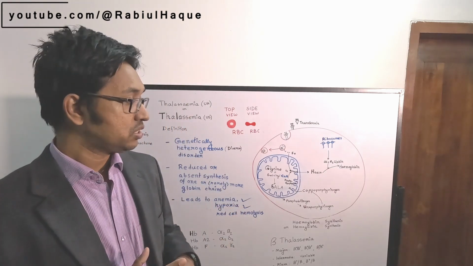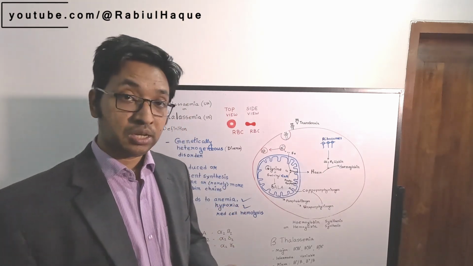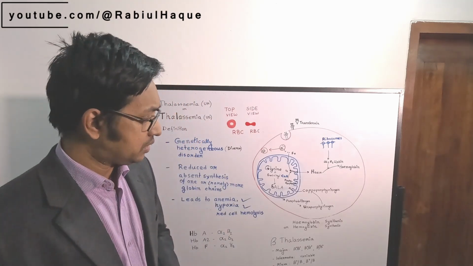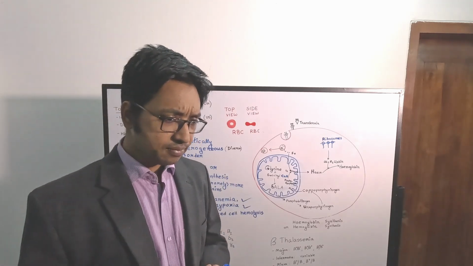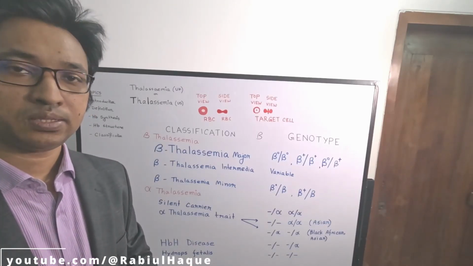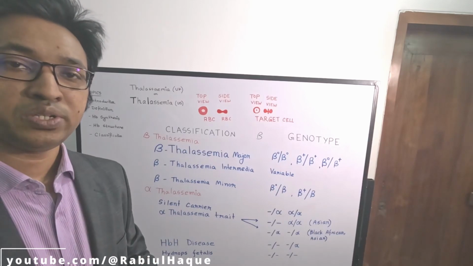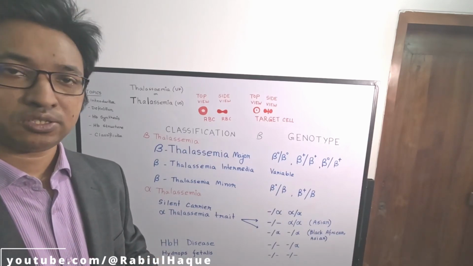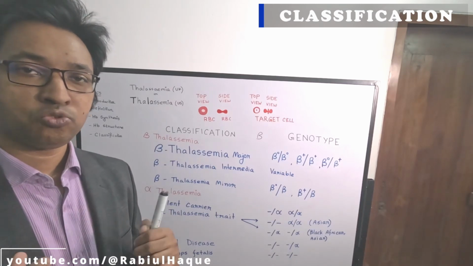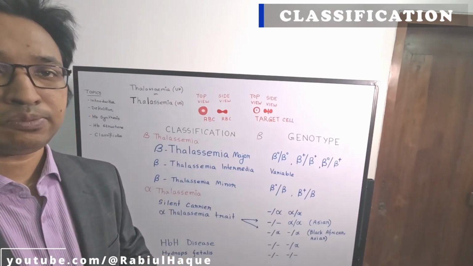So this was in short the explanation of the definition of thalassemia, and I think we are now getting an idea. So now that we have talked about the definition of thalassemia, hemoglobin structure and hemoglobin synthesis, let's classify thalassemia, and we will talk about the common types.